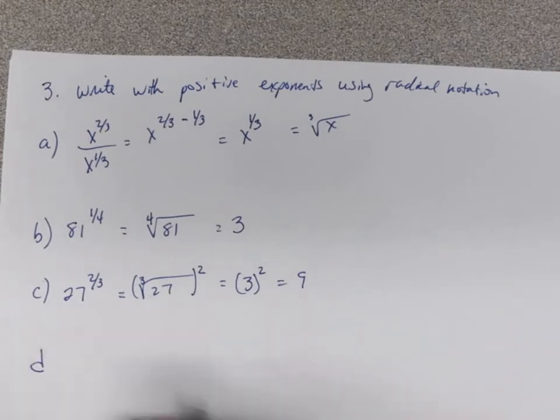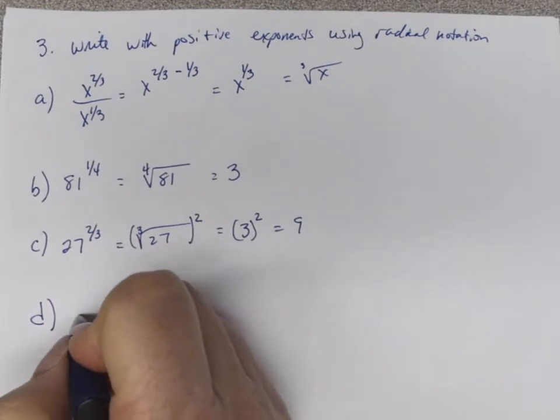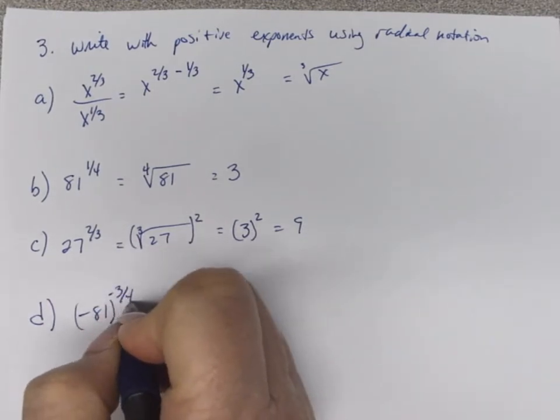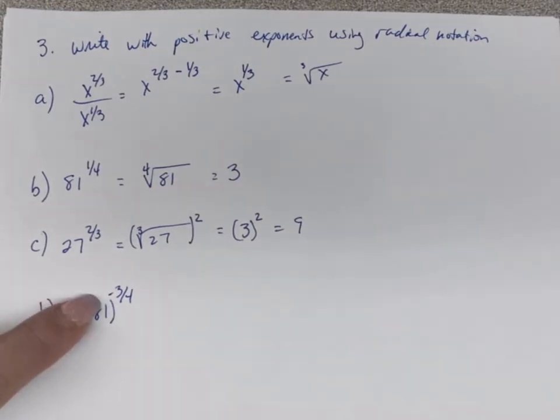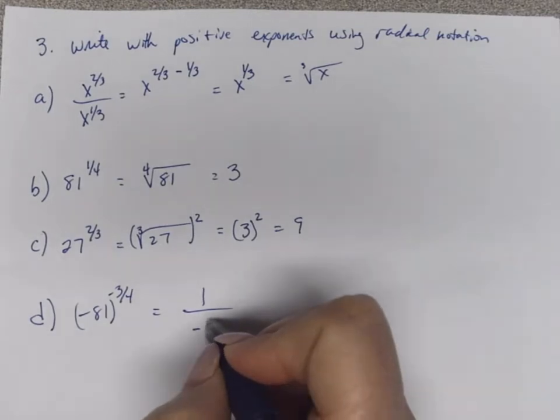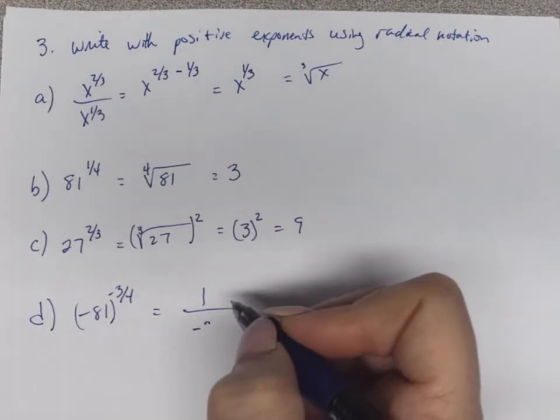Our next one, we are looking at negative 81 to the negative 3/4. When we have a negative exponent out there, we're going to have to take it down into the denominator. So 1 over negative 81. Hang on 1 second.